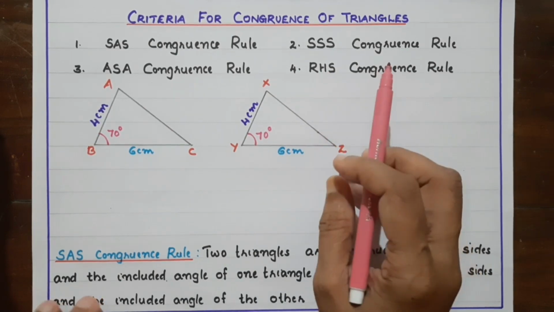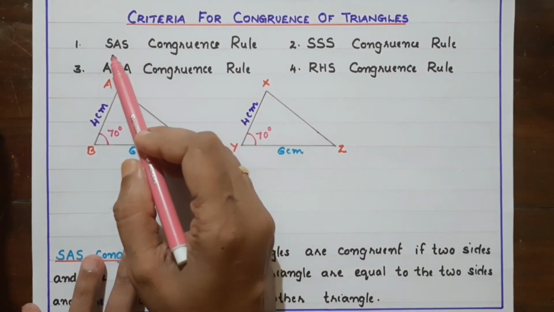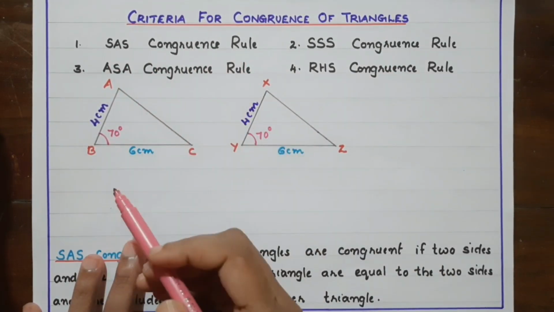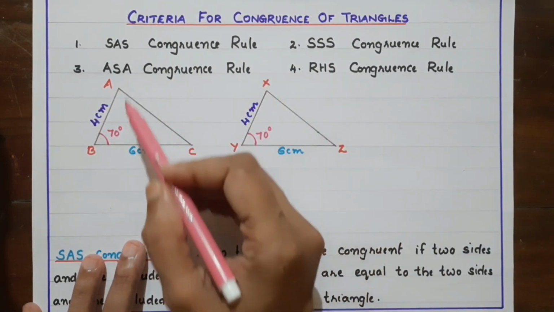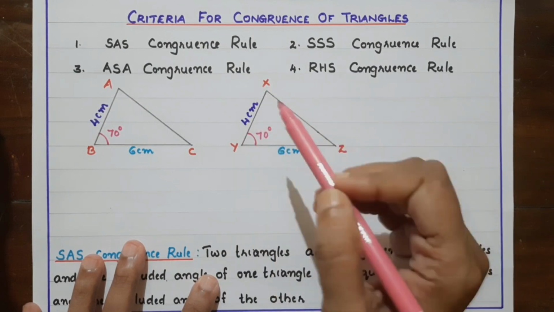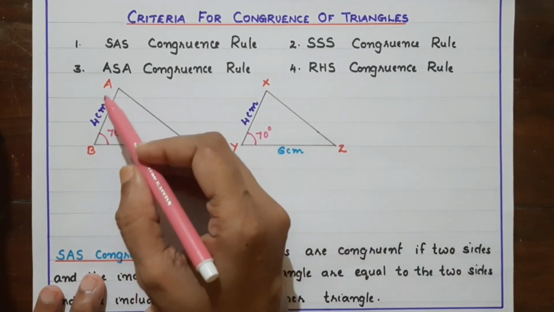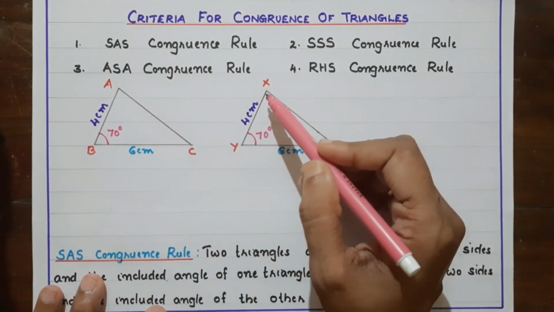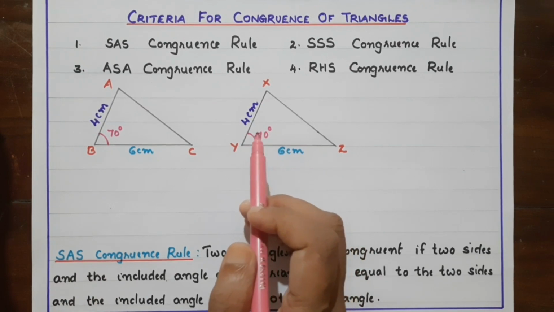Okay. Now, let's verify the first one, the SAS congruence rule. Consider 2 triangles, ABC and XYZ. Okay. Here you can see AB is equal to XY. Both are 4 centimeter. Isn't it?